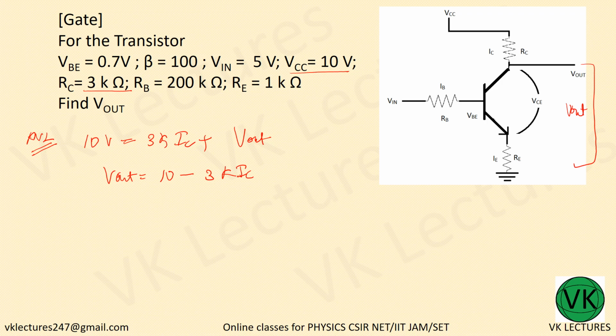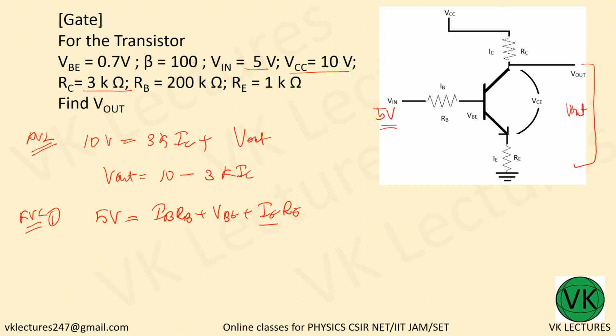Now applying KVL to the input side, to the first loop, what you have? V in is given as 5 volt. So 5 volt is equal to IB into RB plus VBE plus IE into RE.